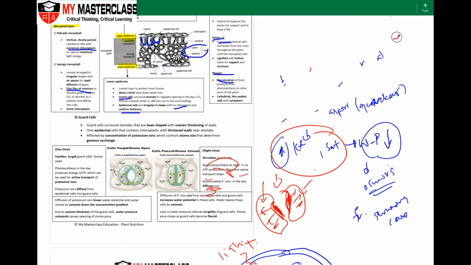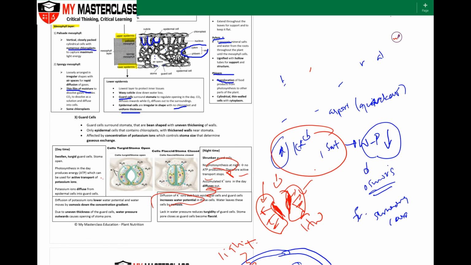Okay, so conversely to the first section, when my accumulated potassium ions in the stomata diffuse out, what happens to my water potential? My water potential is now going to increase. Okay, so when the water potential increases, now inside the guard cell I have a lot of H2O compared to the surroundings.